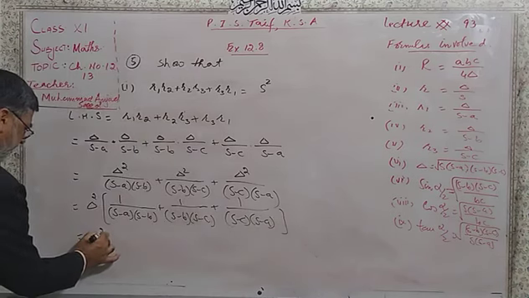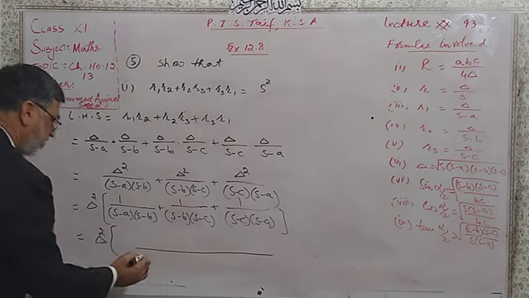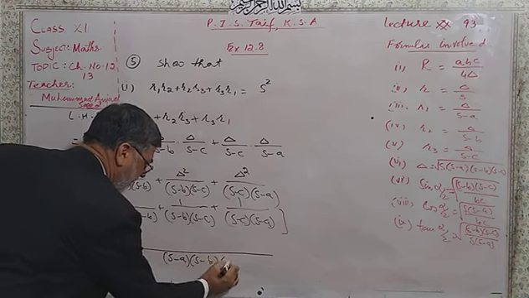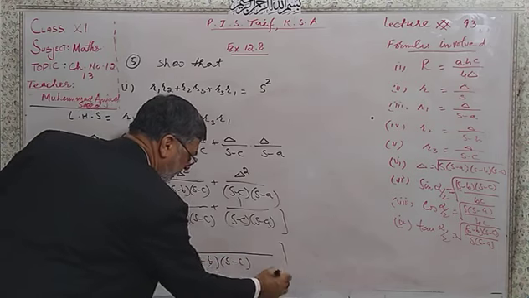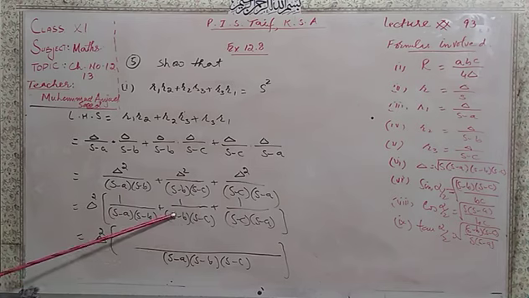You can have delta square taking the LCM of all, S minus A, S minus B, S minus C. So dear students, you know that in case of LCM, the repeated factor will be taken as single. S minus A and S minus A will be taken once. Similarly, S minus B once and S minus C once.